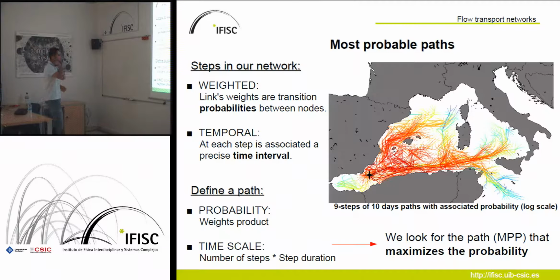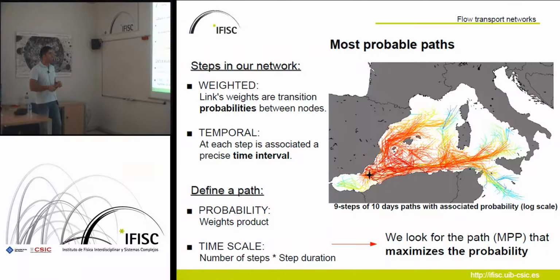So every time step, the weight and the network is changing. So how to define a path in our network? We can characterize it by the probability. And we define the probability of a path as the weight product of all the links that are composing the path.